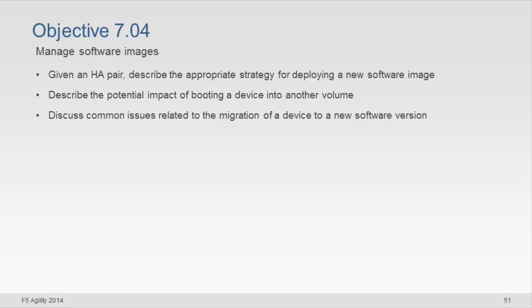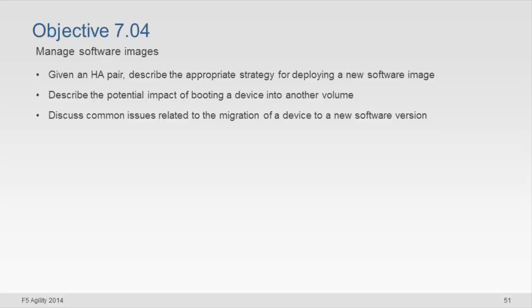Discuss common related issues to the migration of a device to a new version of software. I think when we're crossing major releases, this is probably our most dangerous point. If I'm jumping from V9 to V10, it wasn't an easy migration in the beginning. If I was jumping from V10 to V11, it was not an easy migration in the beginning. Why?